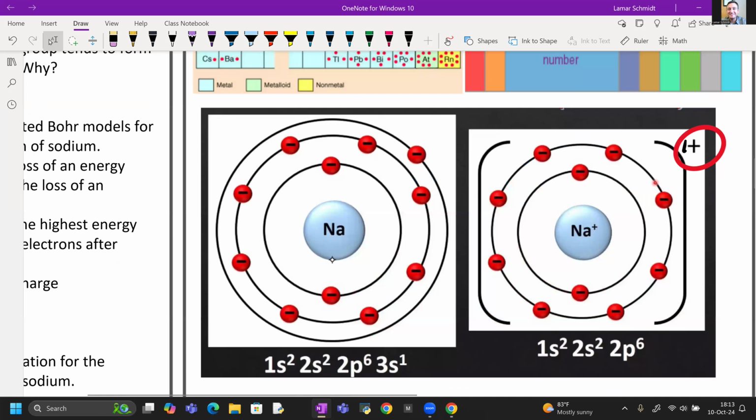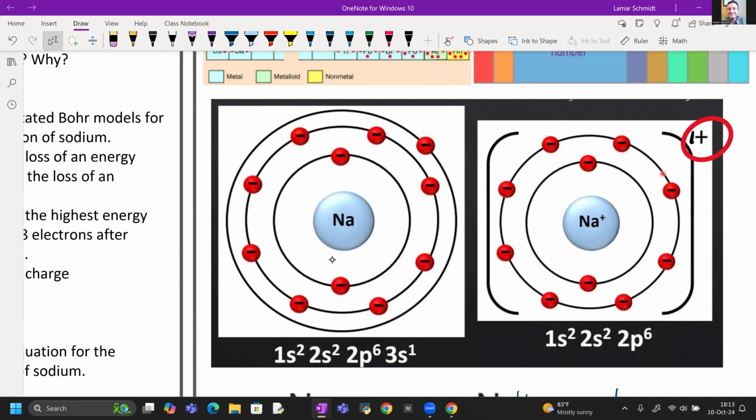Here's the atom, which has the same number of protons and electrons. It has 11 protons because it's sodium, and it also has 11 electrons, one of the electrons out here in its outer shell. How do we know? Because it has 1 valence electron. There it is in energy level 3s.